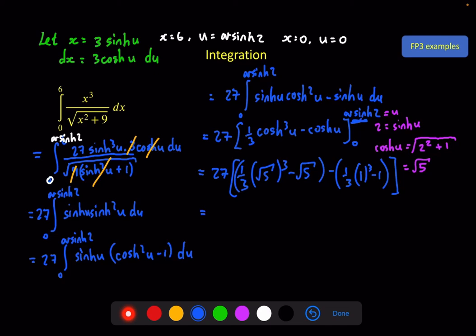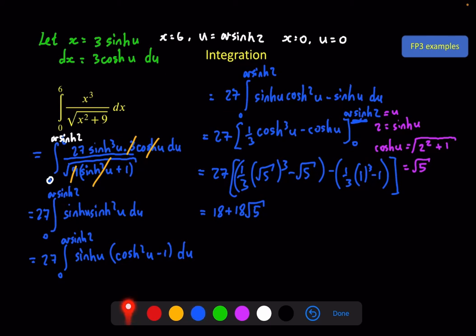And if I start putting that on my calculator, hopefully it will keep it nice and exact for me. Ooh, that's not a very nice number, but in the end we get 18 plus 18 root 5. And that, I hope, is the correct answer to this integral.